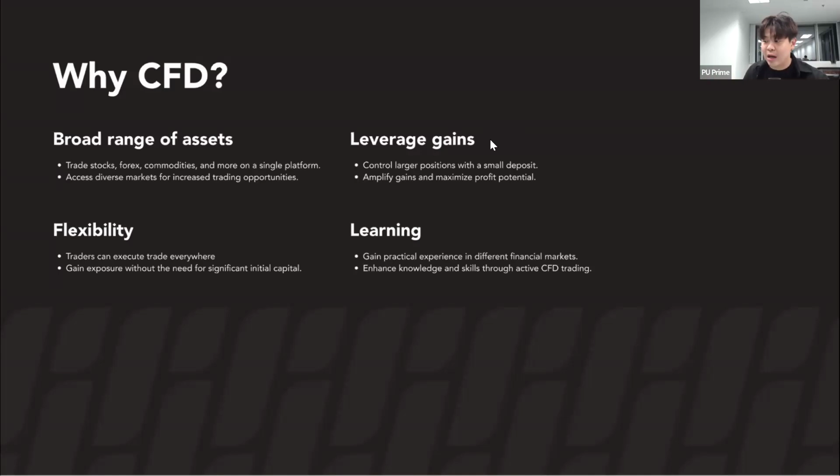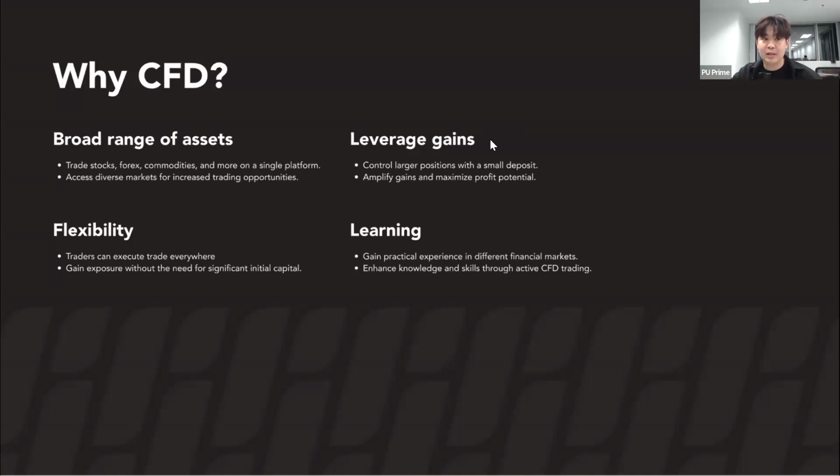Because by trading CFD, you can have exposure to the US market. You need to understand what's happening in the US right now and how it can help you to trade the dollar and move towards the gold market, move towards the stock market. You also need to understand the relationship between Russia and Ukraine, the OPEC oil production decisions, in order for you to predict whether you want to buy the oil or sell the oil.